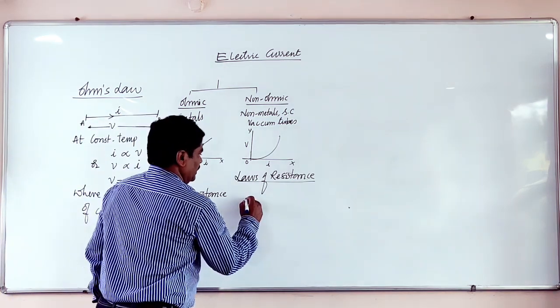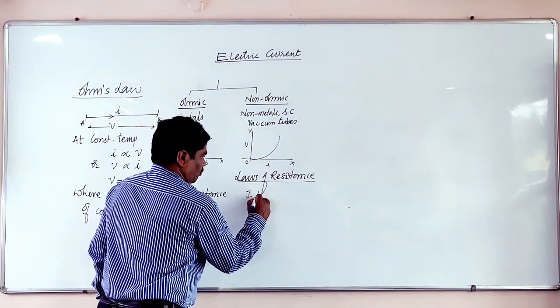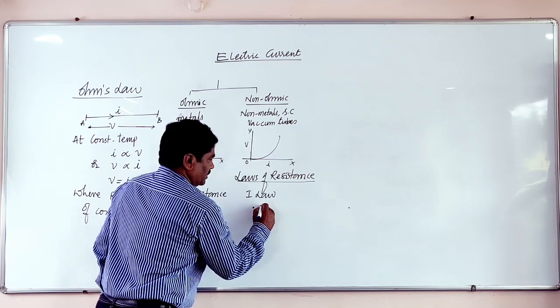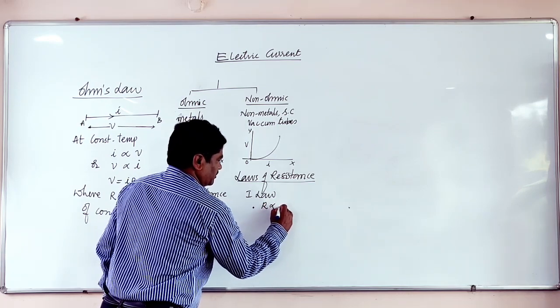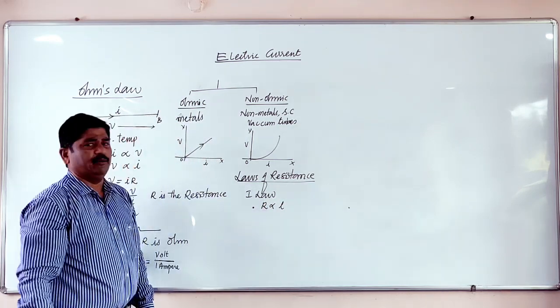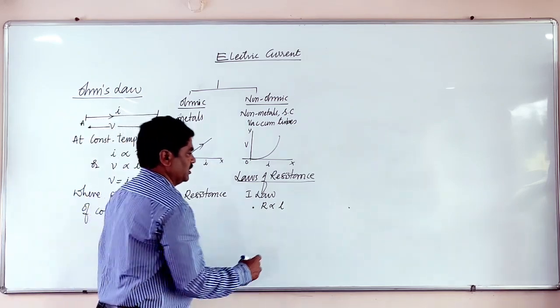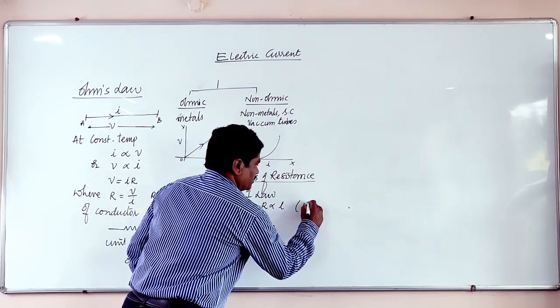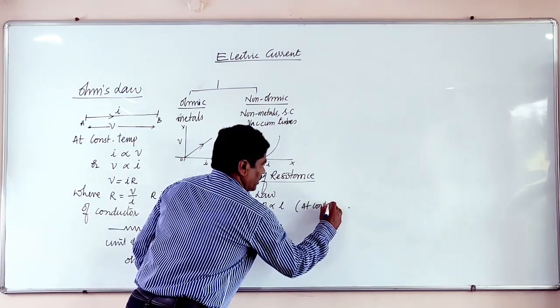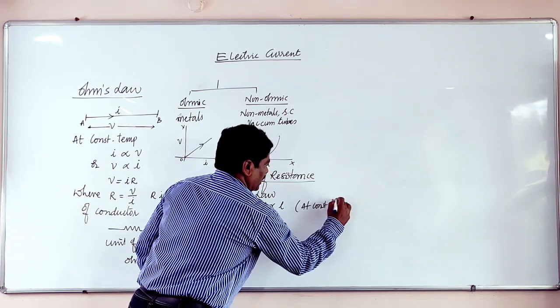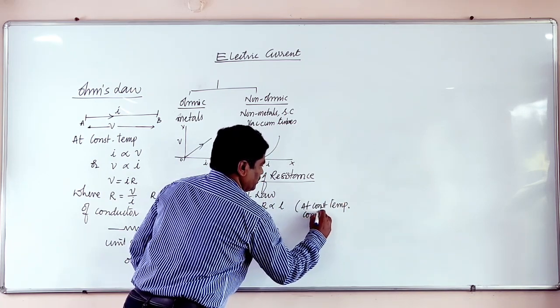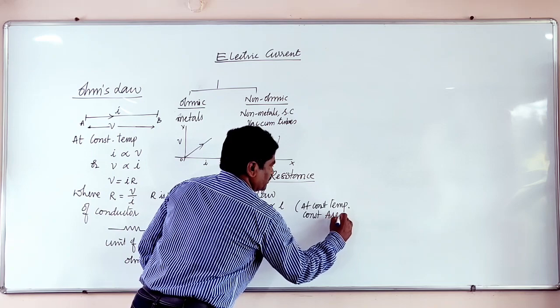The first law says that the resistance of a conductor is directly proportional to the length of the conductor at constant temperature and constant area of cross section.